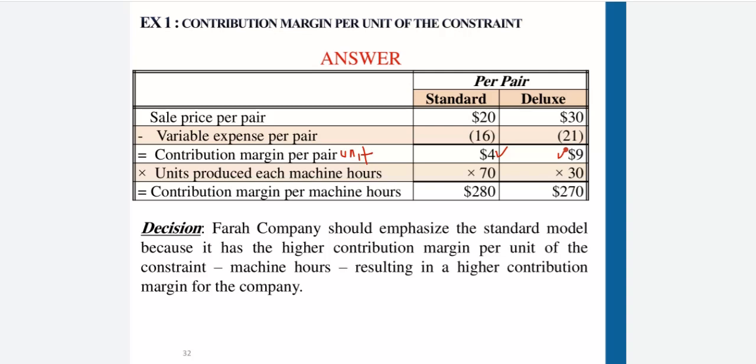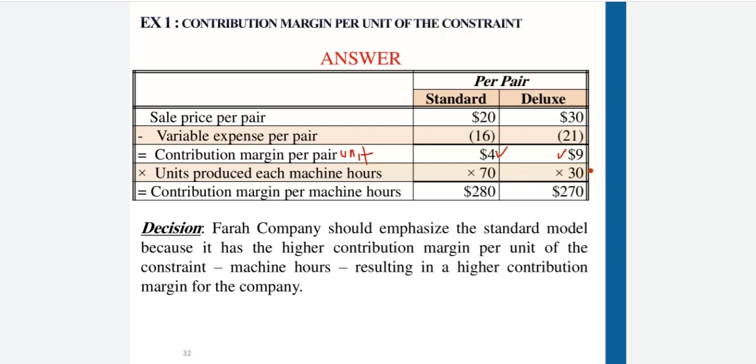How many standard glasses I can produce in 1 hour? 70. How many deluxe sunglasses I can produce also in 1 hour? Only 30.